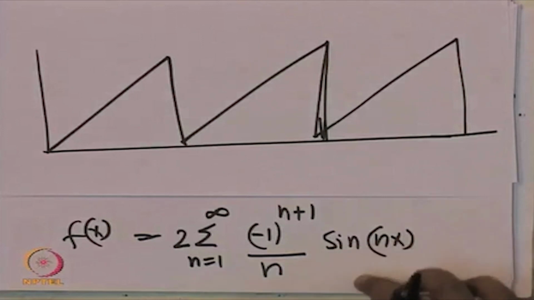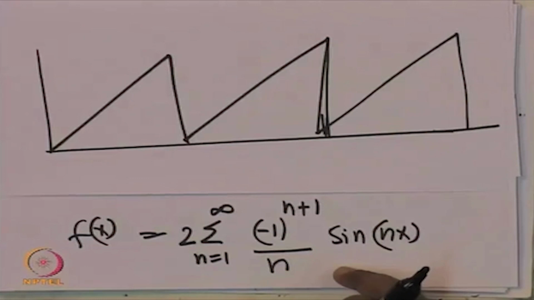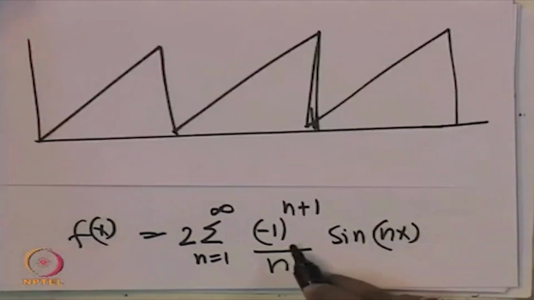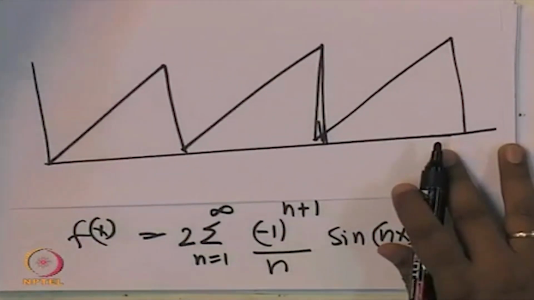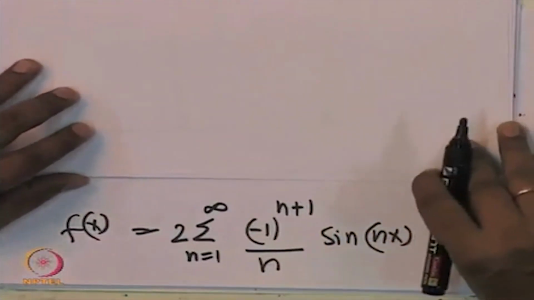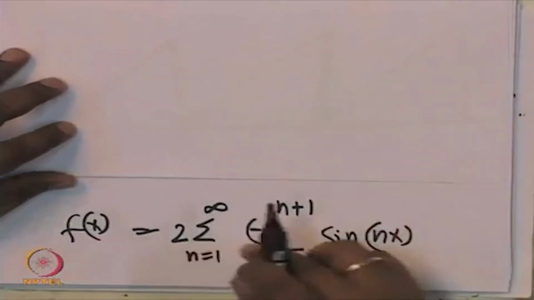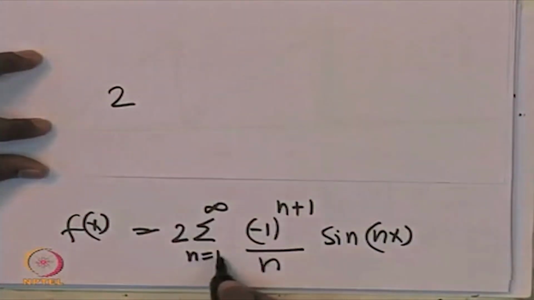So, now let us examine this. Let us plot this. Let us take only the first term. So, what is the first term? Just take only one term. The first term is 2 times n equal to 1.